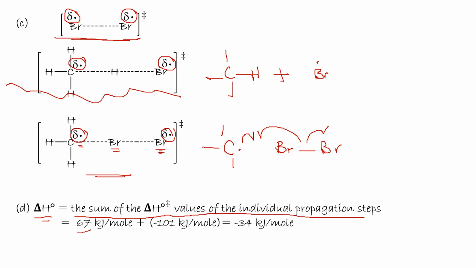The first one is endothermic, plus 67 kilojoules, plus the second step, which is exothermic, minus 101 kilojoules per mole, and the reaction will be totally exothermic with minus 34 kilojoules per mole.